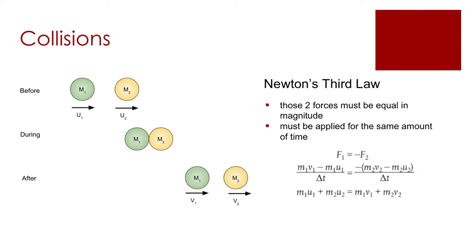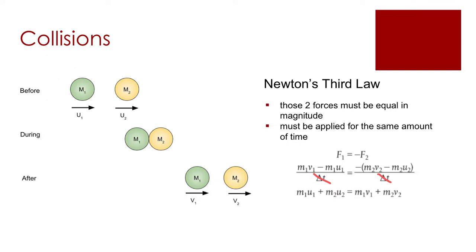The first thing I need to do is cancel out all of those times, because it's impossible for them to be in contact for a different amount of time. If m1 hits m2 and it takes 0.2 of a second, then both of them are in contact for 0.2 seconds.